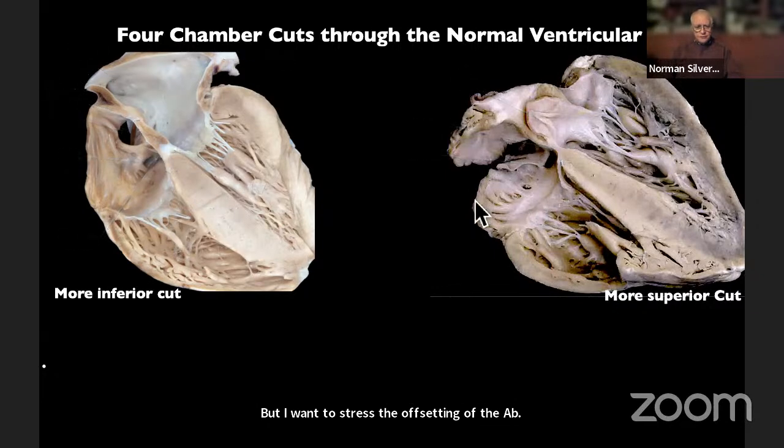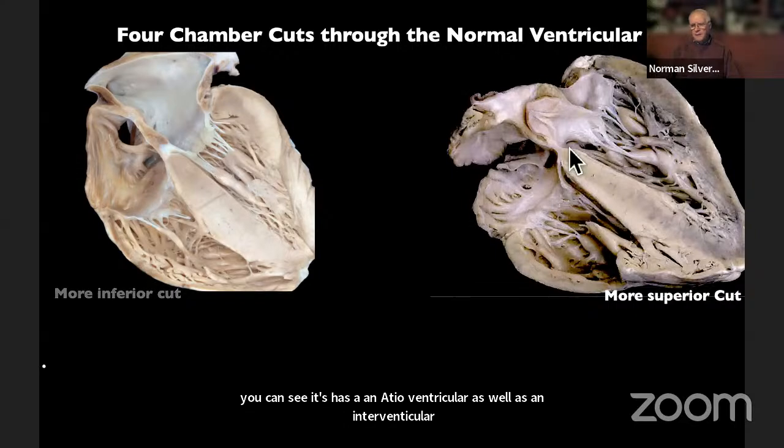And as you move the scan plane forward, the mitral valve separates from the ventricular septum and interposes the aortic root in this position. And so this here is the area just underneath that right fibrous trigone that represents the membranous septum. And you can see it has an atrioventricular as well as an interventricular boundary.